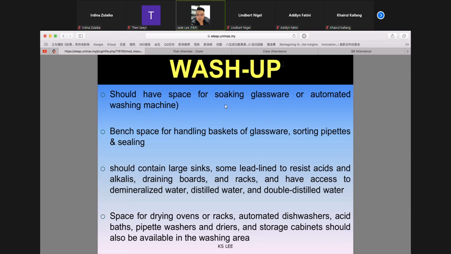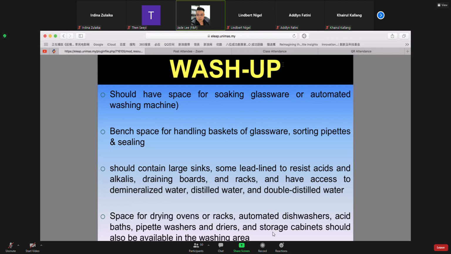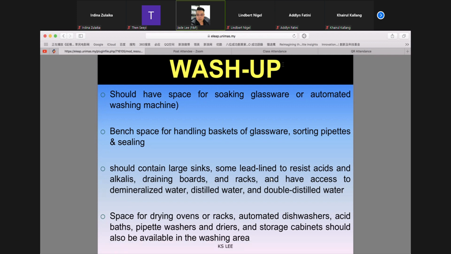So in Malaysia, we forever have spring and summer, so touching the water is not a problem. So most of the labs don't have the automated washing machine unless they are luxurious enough to have the machine. All right, so they also have the bench space for handling the basket of the glassware and sorting pipettes and also sealing, right?